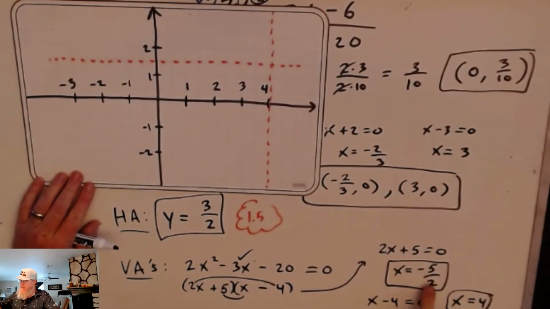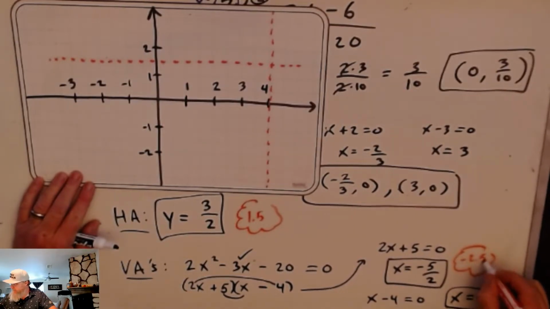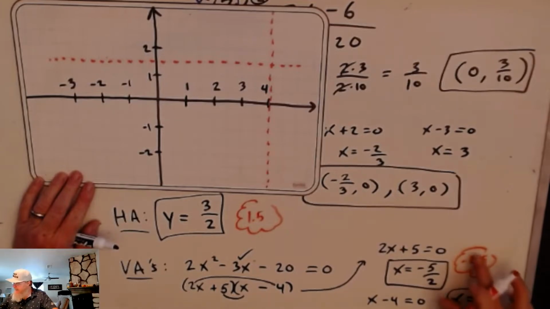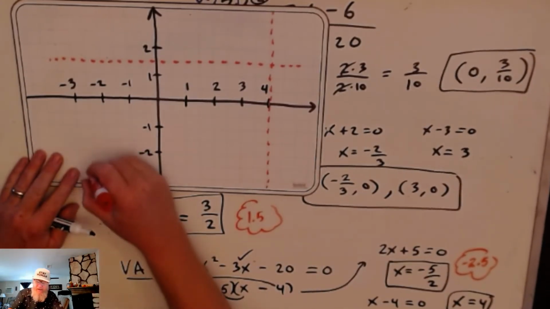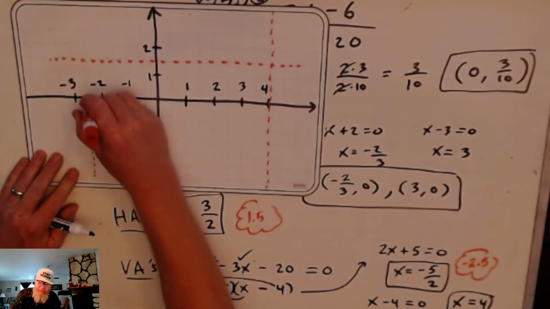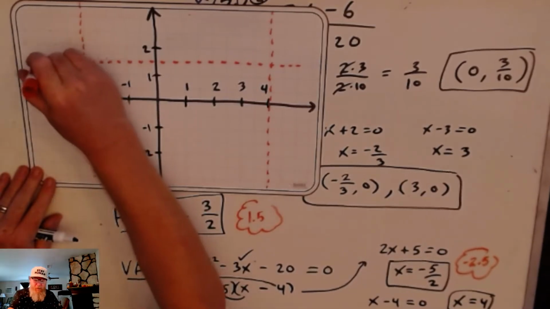And one at -2.5. So I see 5/2, but I think 2.5, -2.5, so right about here. So that's sort of my framework for this graph.